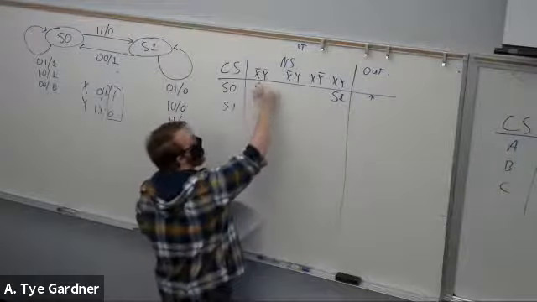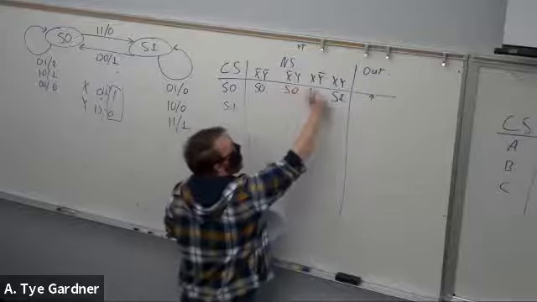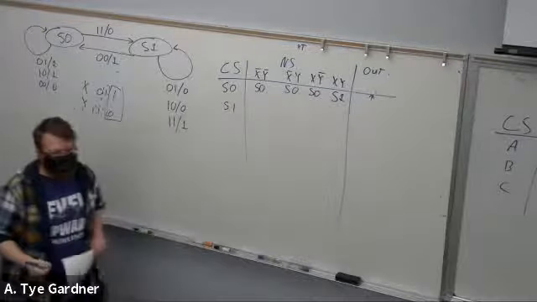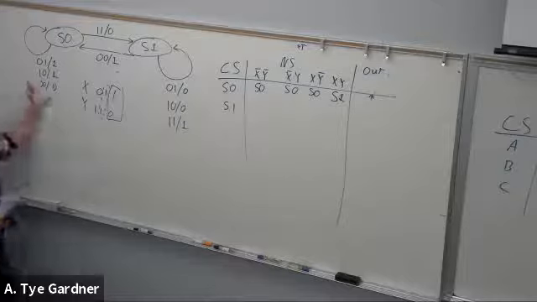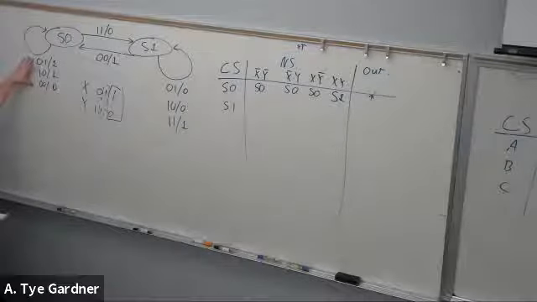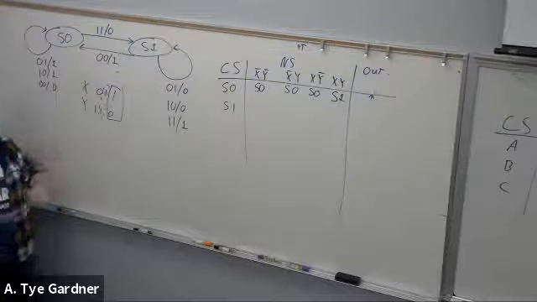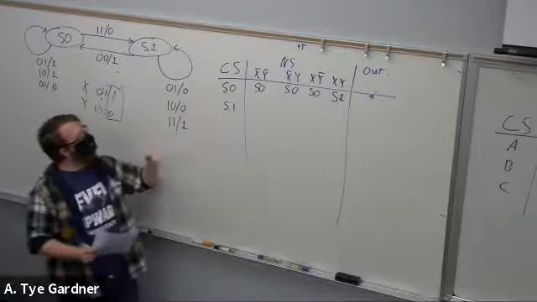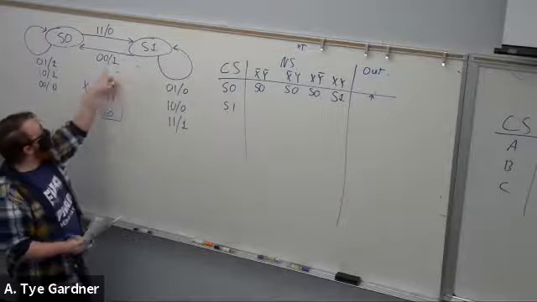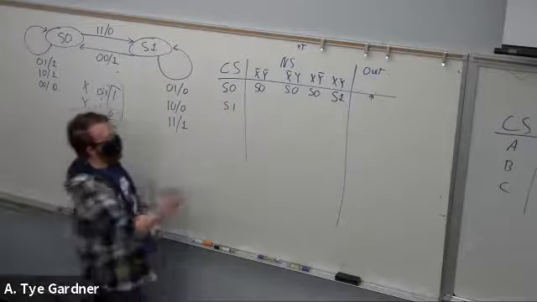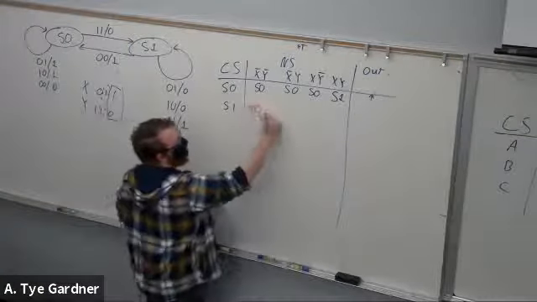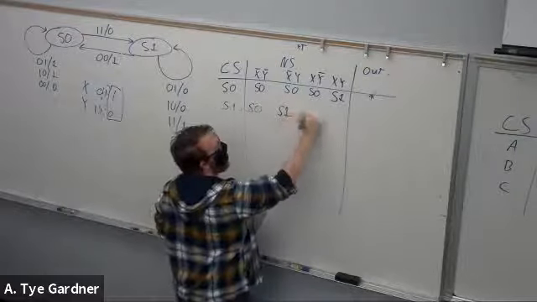All the others, I stay in state 0. All combinations stay in state 0, except for 1, 1, go to state 1. Same thing is true for state 1, my only leave condition is 0, 0. Otherwise, stay put.